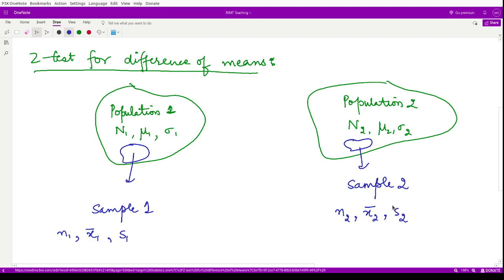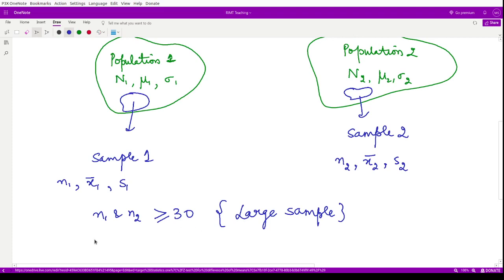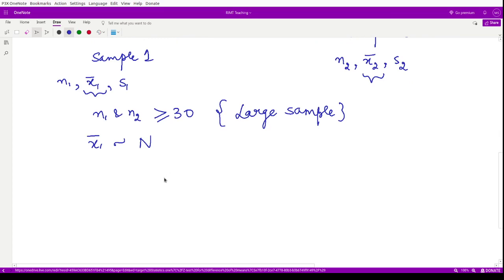Corresponding to this notation, our sample sizes n1 and n2 are both greater than or equal to 30. That means we have large samples with us. This is the condition that we are imposing. If this is the case, then the random variables x1 bar and x2 bar would follow the normal distribution, because this is the large sample test.